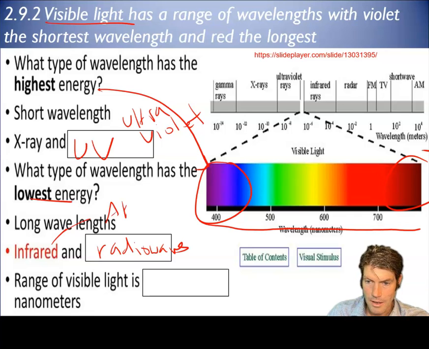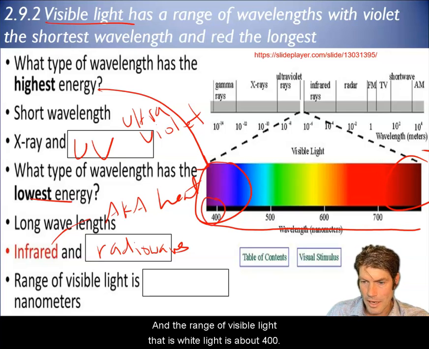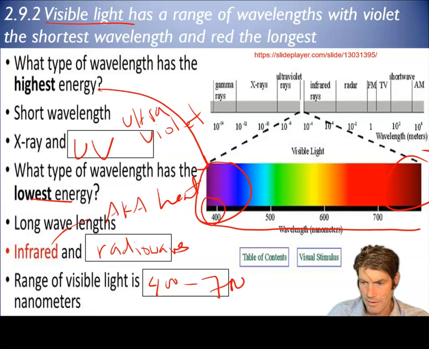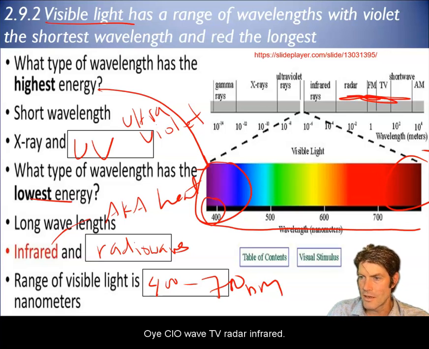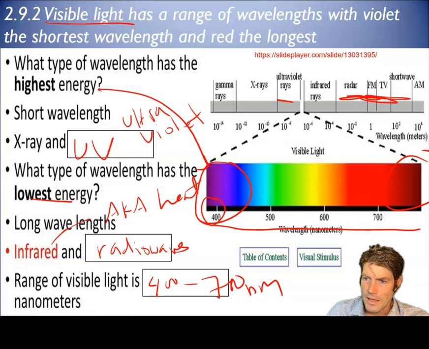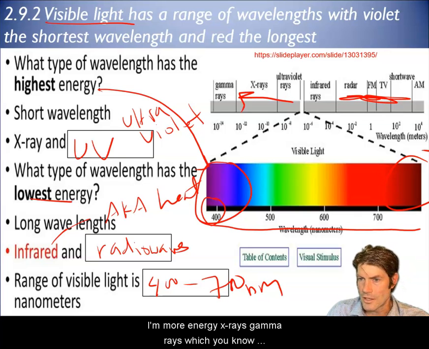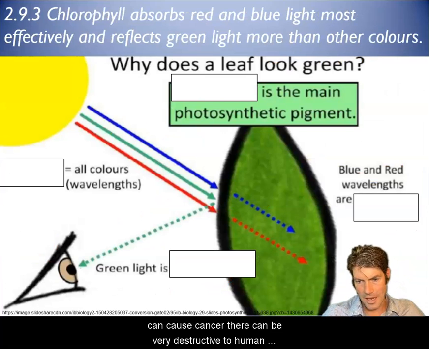Infrared is a fancy way of saying heat. The range of visible light, white light, is about 400 to 700 nanometers. You see TV, radar, infrared, and more energy: X-rays, gamma rays, which you know can cause cancer. They can be very destructive to human tissues.